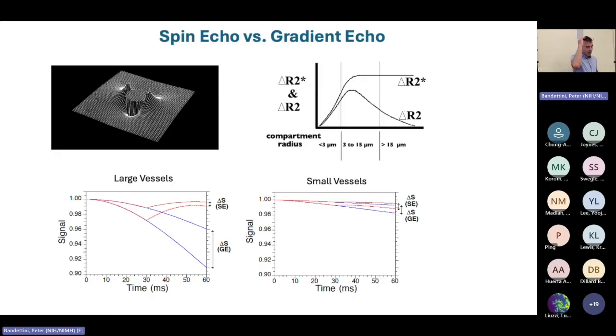And if you're in the range of anything above 15 microns, which is still a pretty small vessel, but big enough, then the gradient echo signal will be maximally sensitized to that. Turns out that spin echo, though, will be hardly at all sensitive to that because, and this is the important point that I want to illustrate with this diagram here.